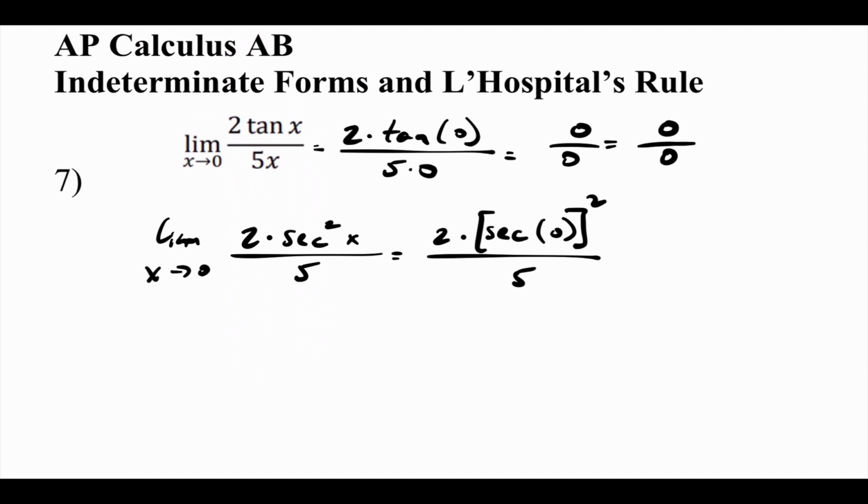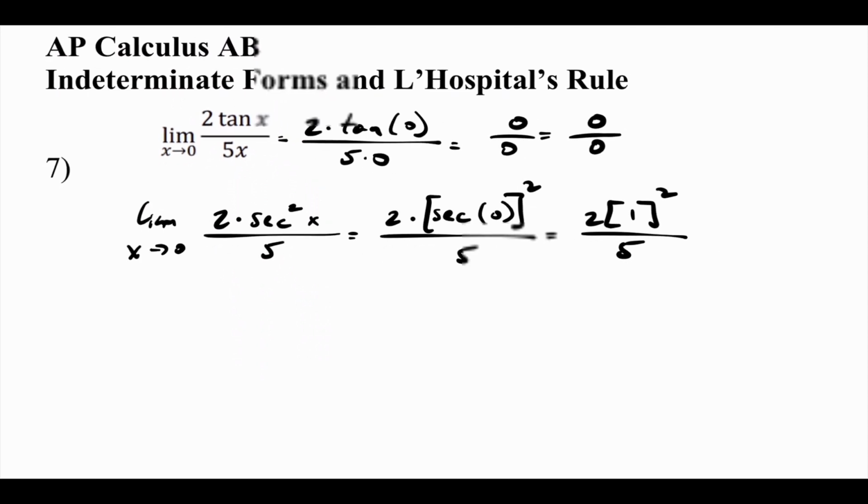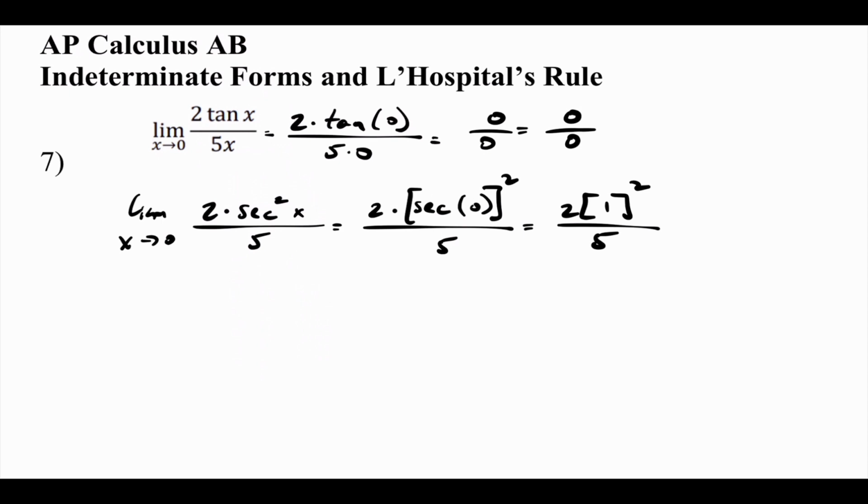So secant of 0 is 1. So I get 2 times 1 squared. One squared is just 1, so it's 2 over 5. Okay.